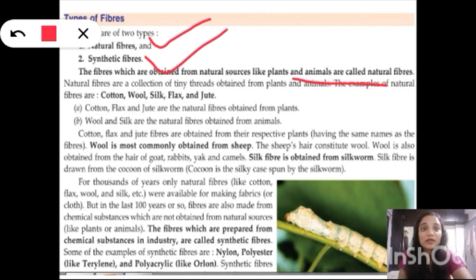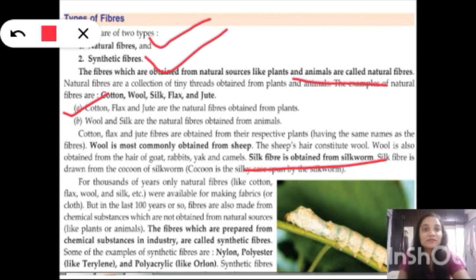Cotton, flax and jute are natural fibers obtained from plants, so they are called plant fiber. Wool and silk are natural fibers obtained from animals, so they are called animal fiber. Wool is commonly obtained from sheep. Silk is obtained from the silkworm.